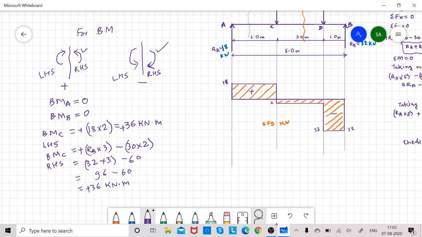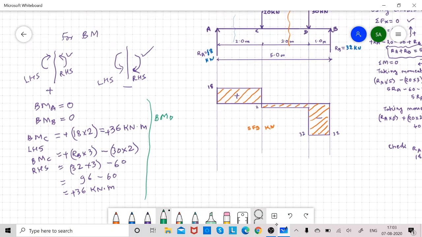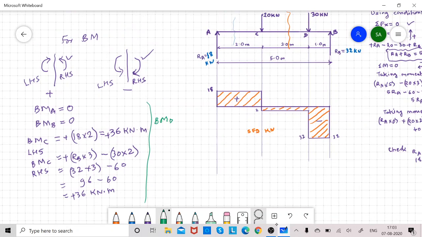Now, bending moment at D. It is better to consider right hand side because there is only one force on right hand side of D, that is RB. So, considering right hand side, 32 into 1, that is anti-clockwise moment, but it is on the right hand side, so it is positive.